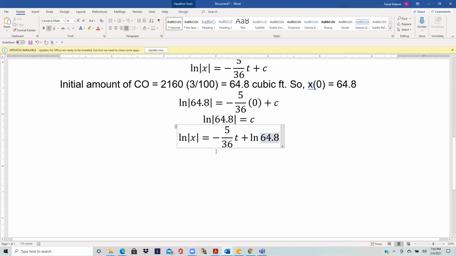Now I can combine the two ln's. So bring this one to the left side, because we like to solve this for x. If I cut this from here, it gets subtracted on this side. And now you use the log property, so this is ln of x over 64.8.